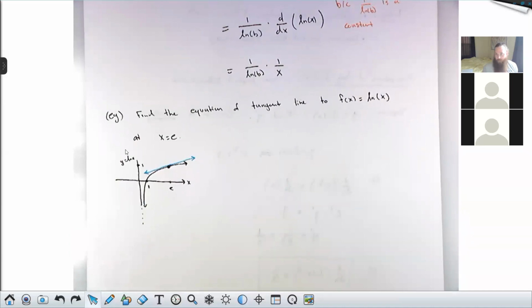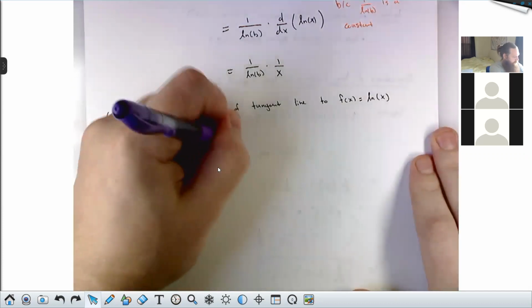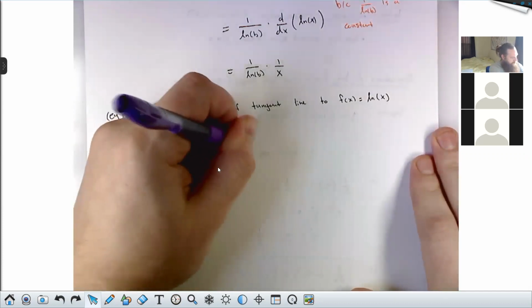I know that it's not always the case that we remember that. And I want you to please remember it. Okay, so let's find the equation of this blue tangent line. We know that the slope of the tangent line will come from the derivative. I need a point and a slope.